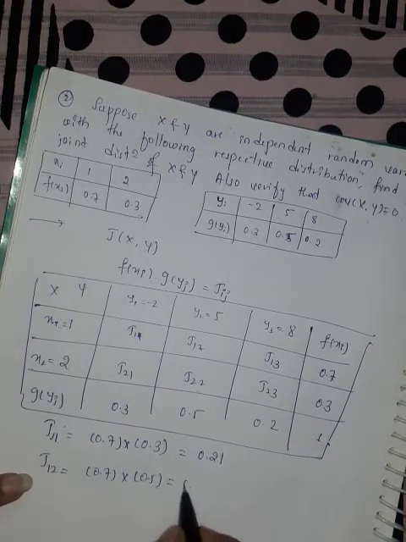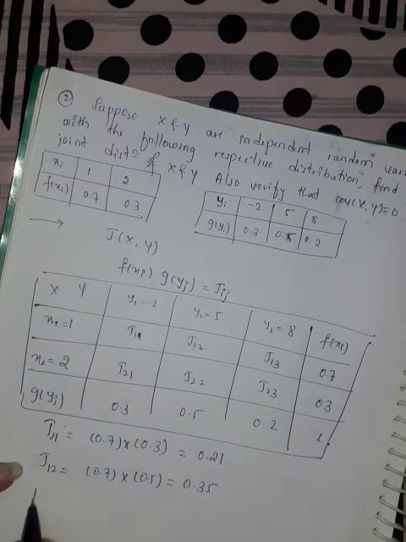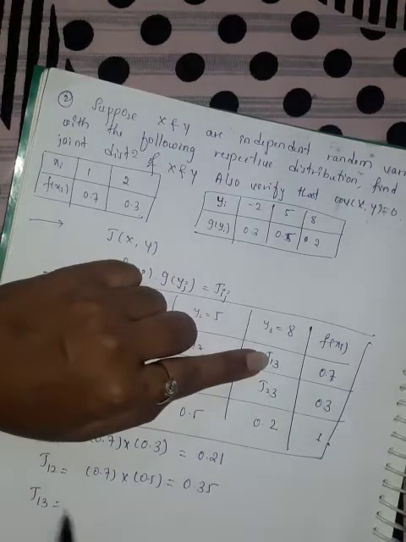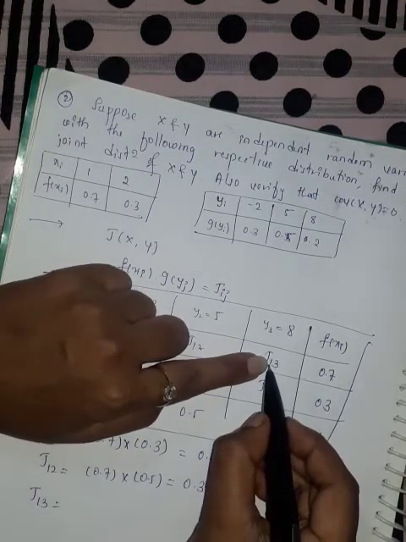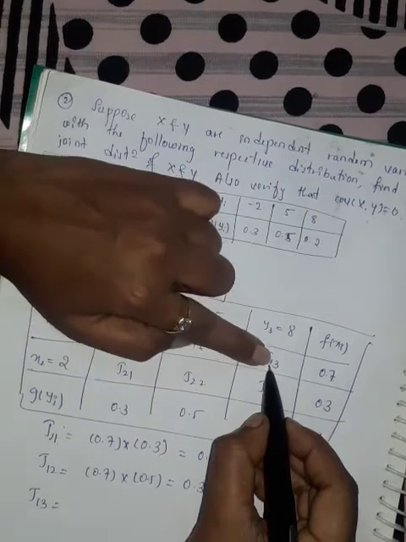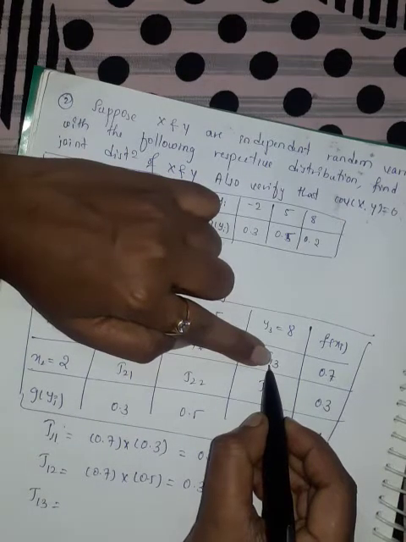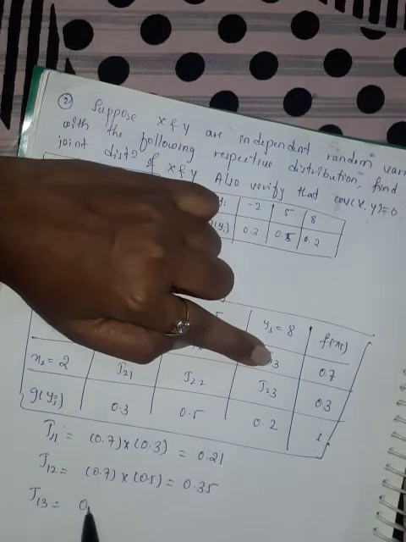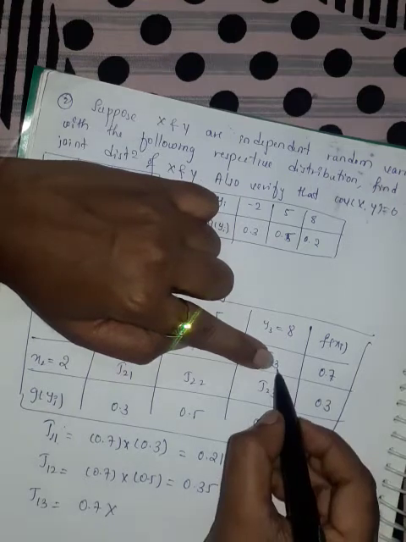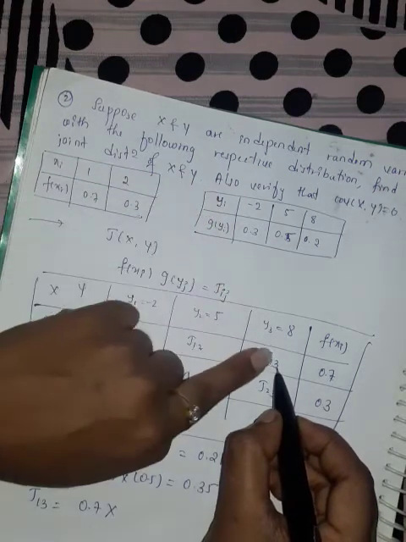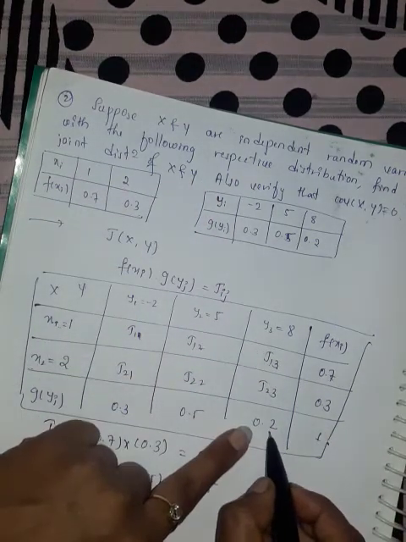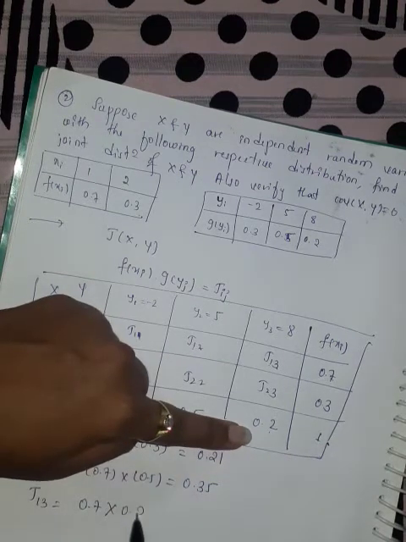Like this you have to multiply. This is 0.35. Next, J13. So i is equal to 1, that is f of x1, 0.7, into, for j is equal to 3, g of y3 is 0.2. So this is nothing but 0.14.